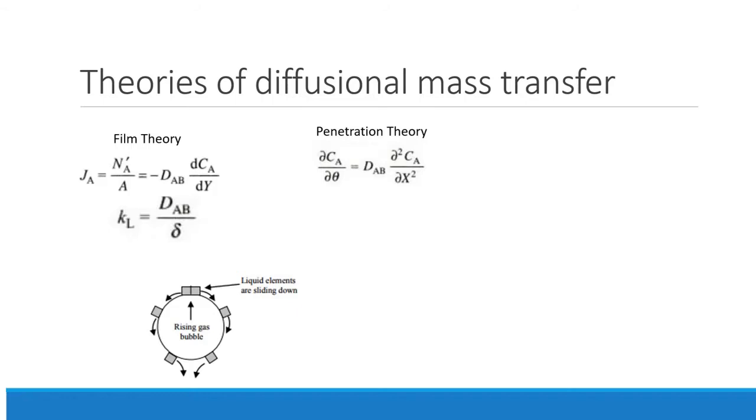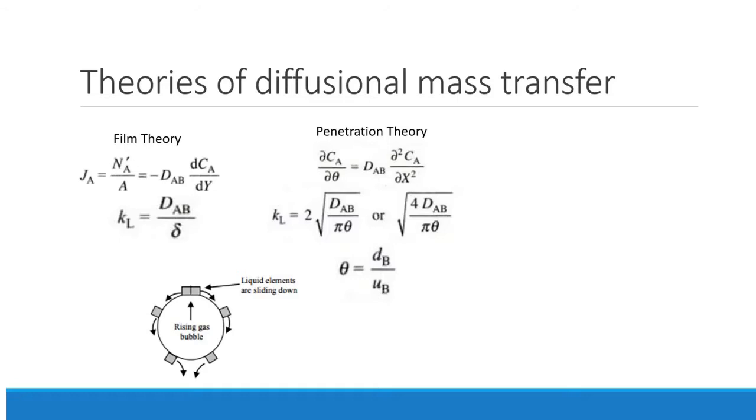The rate of change of solute in the liquid will be changing and is represented by Fick's second law of diffusion, wherein KL is equal to 2 into square root of DAB by pi theta, or square root of 4 into DAB by pi into theta, where theta is the time taken by a single bubble to travel a distance equal to its own diameter in the bulk liquid and is given by dB by UB.